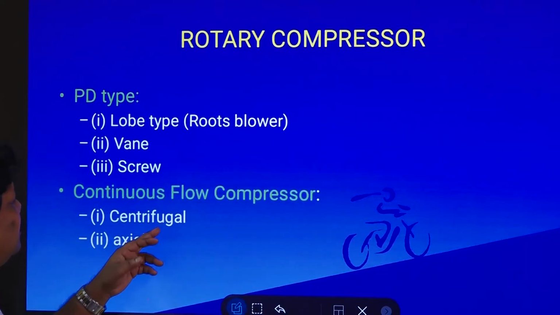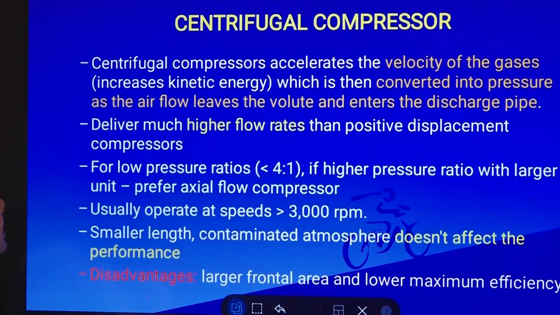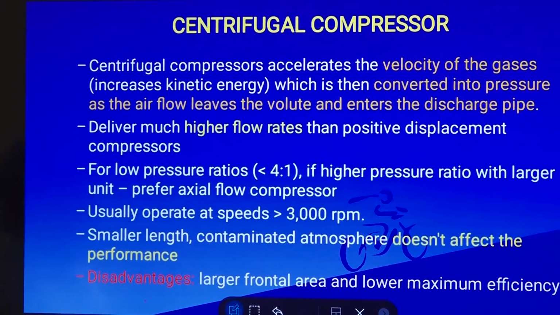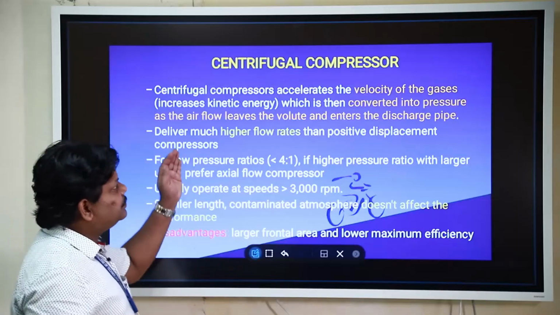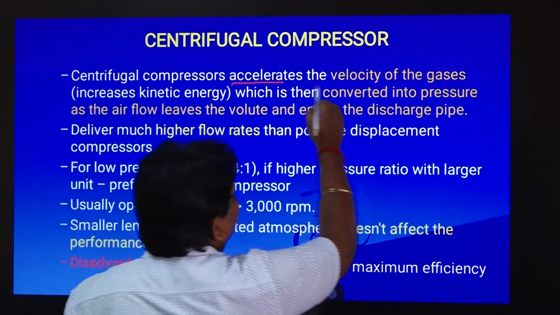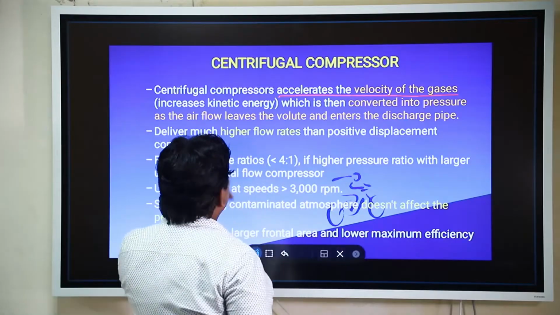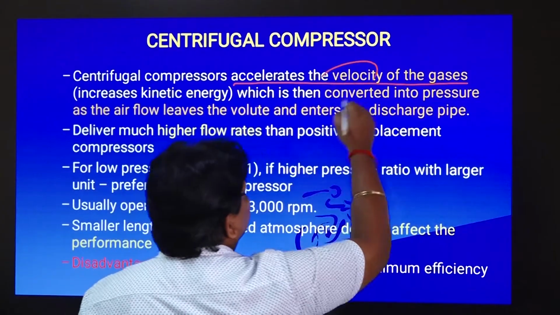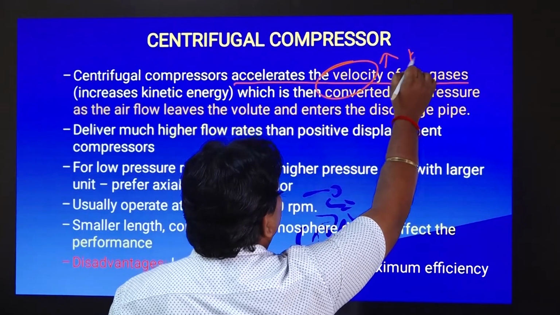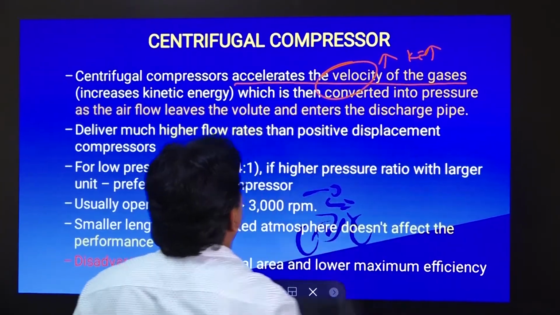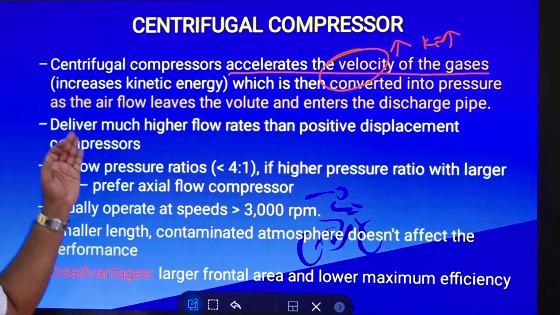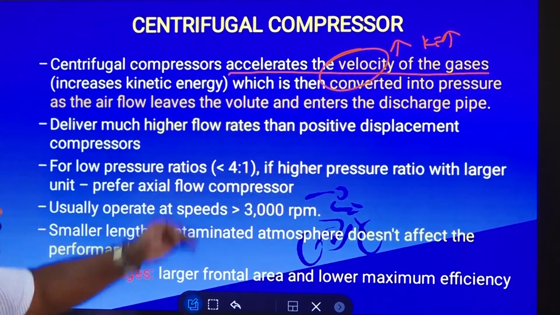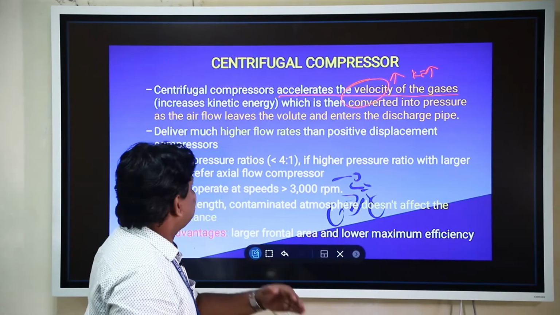Continuous flow is classified into centrifugal and axial flow compressors. Now we can see centrifugal compressors. They accelerate the velocity of the gases, which means it increases the kinetic energy. Since velocity increases, KE also increases, which is then converted into pressure as the airflow leaves the volute and enters the discharge pipe.